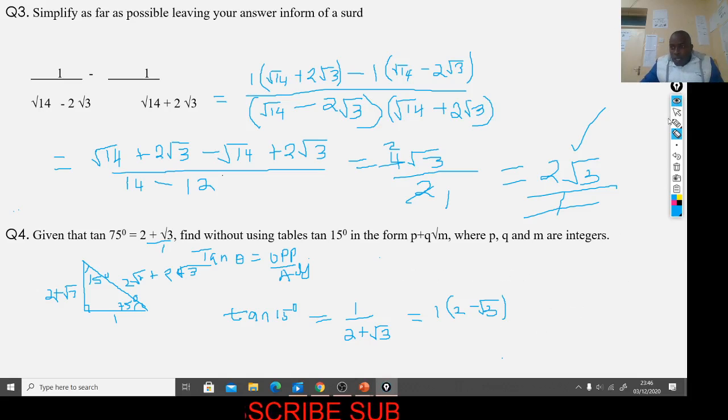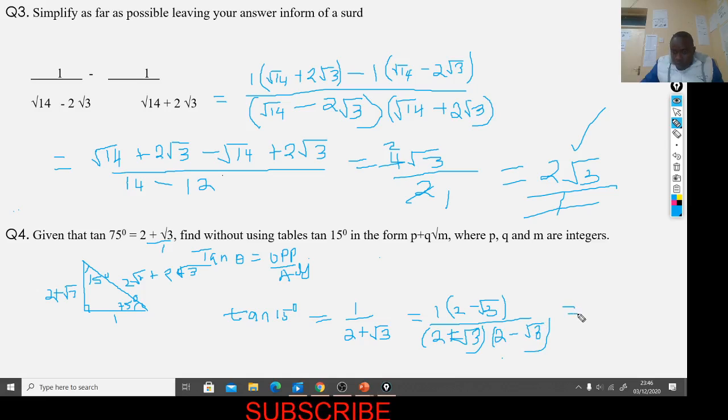All over 2 plus root of 3 times its conjugate, which is 2 minus the root of 3.